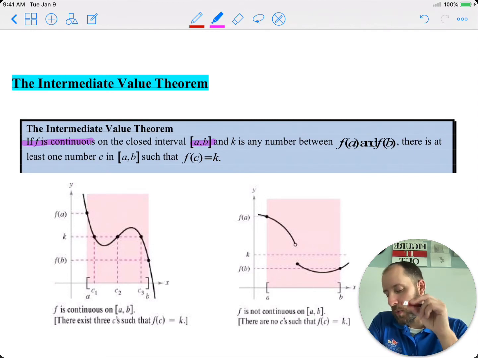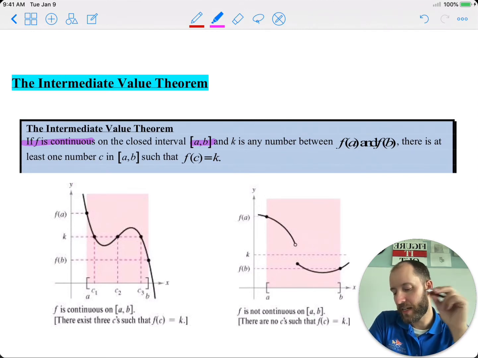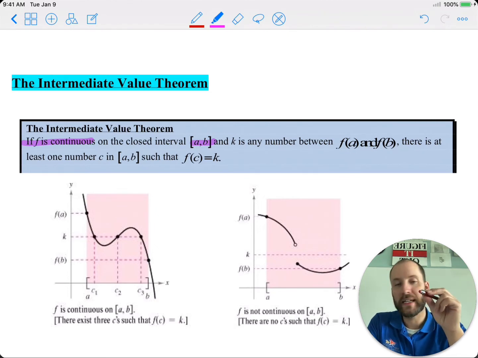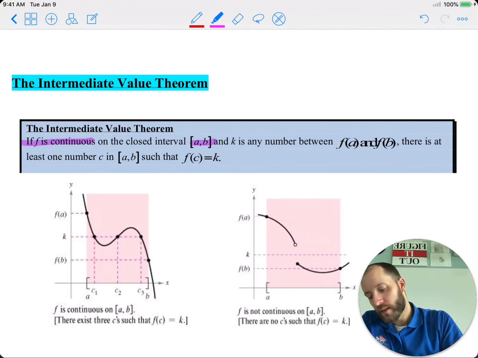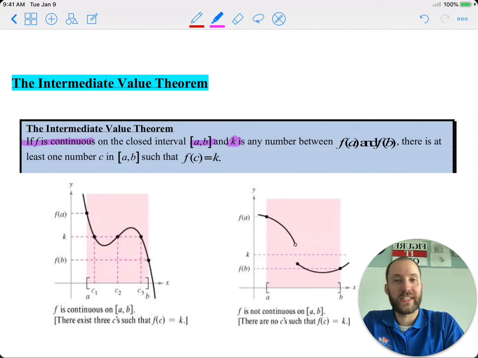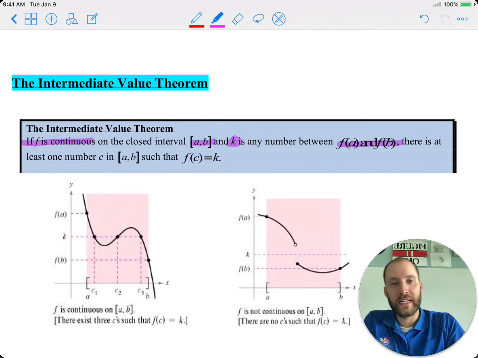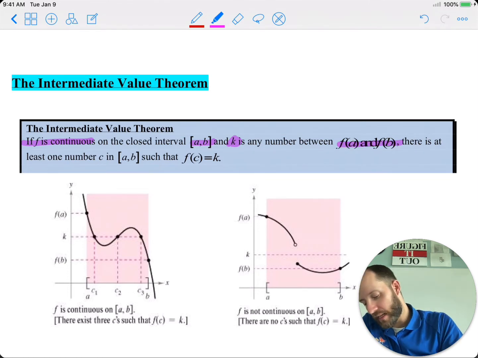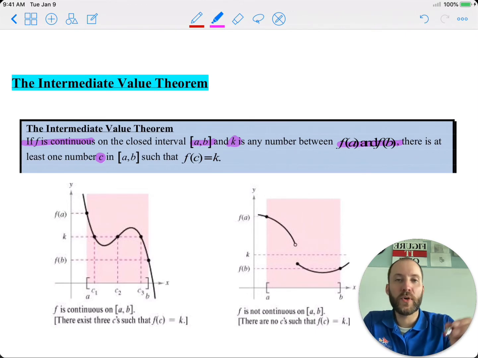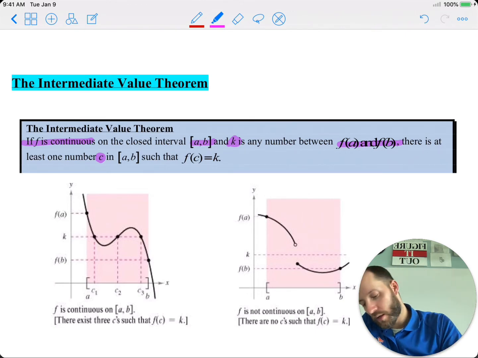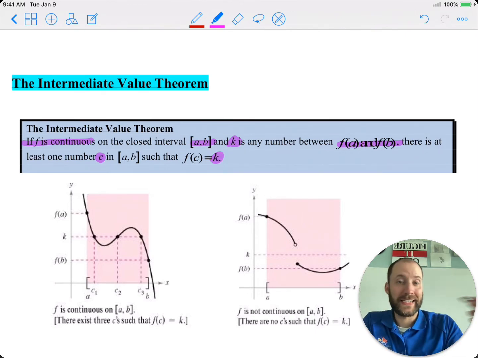There is at least one number c in a to b such that f of c equals k. So if the age 16 is between 14 and 18, then there must be some point in your high school career when you were 16.